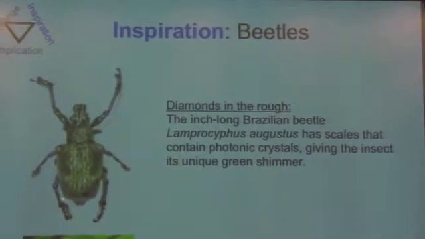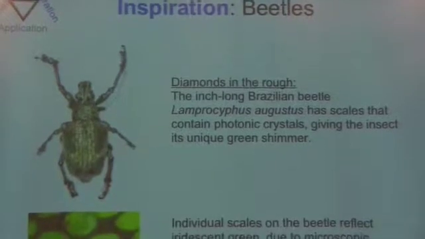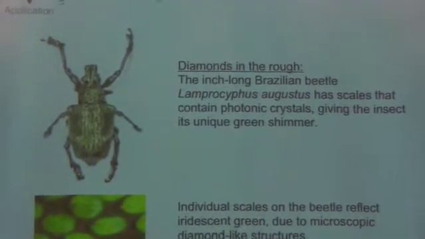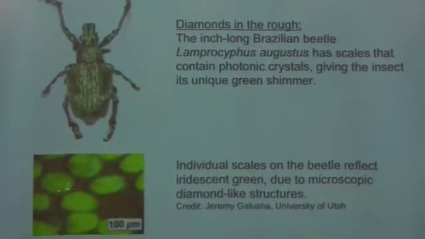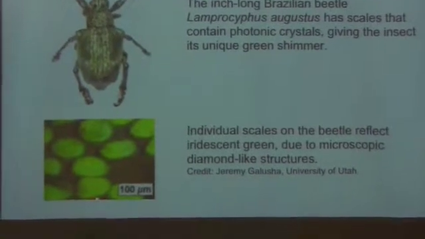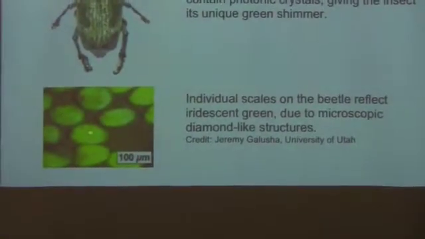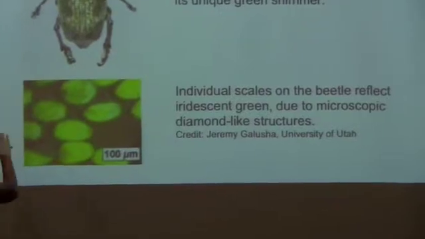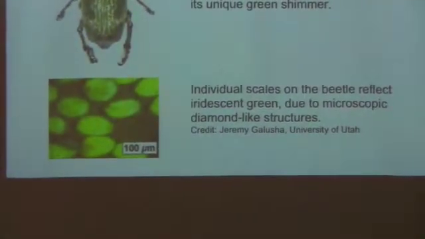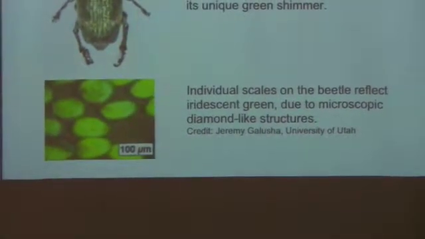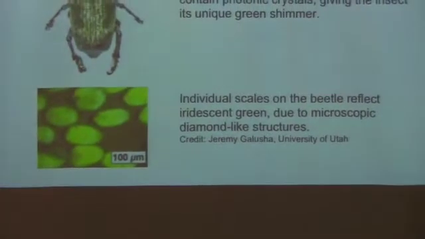And individual scales on the beetle then reflect this iridescent green light due to these microscopic diamond-like structures. Again, there's no pigment in here. It's just the way the light hits these microscopic structures, how it bounces back, and how we perceive it.